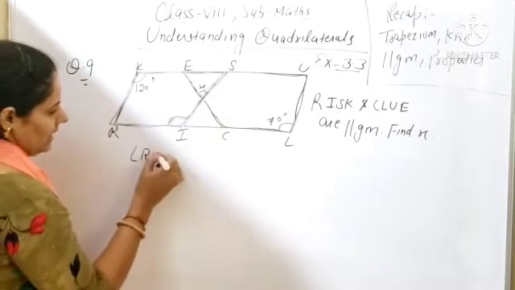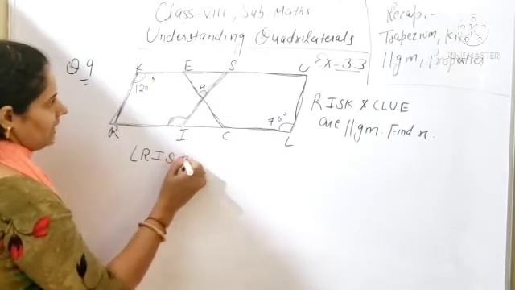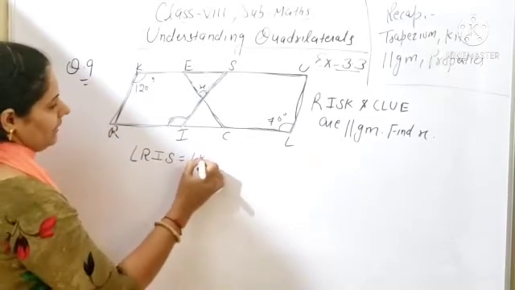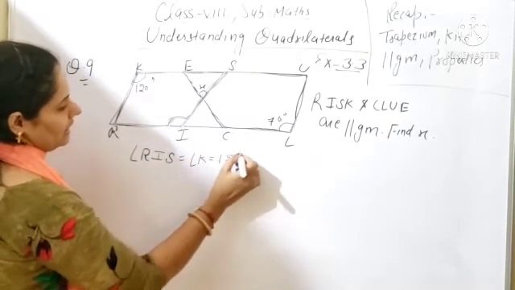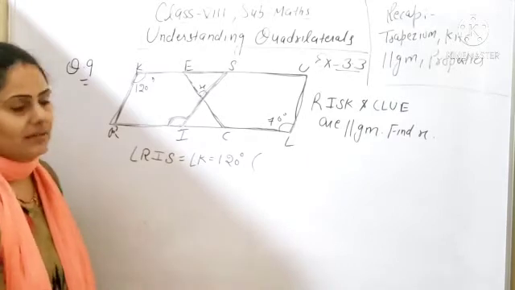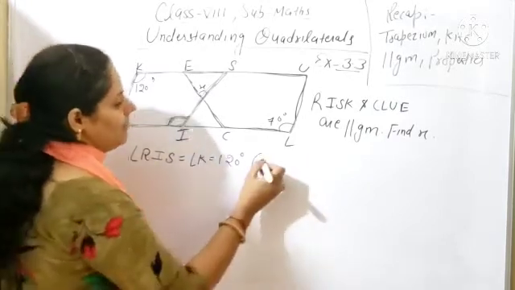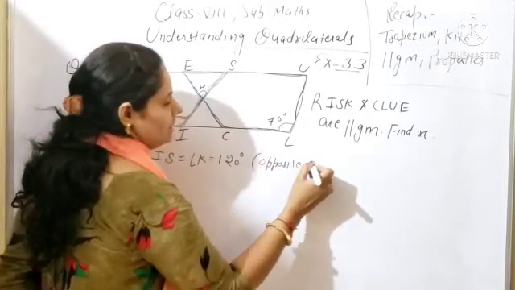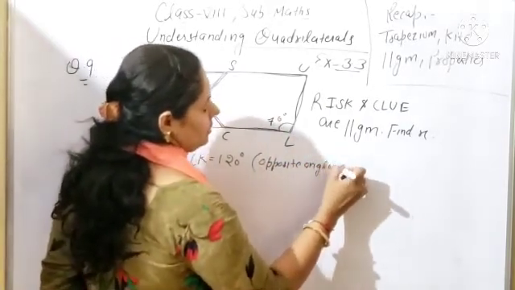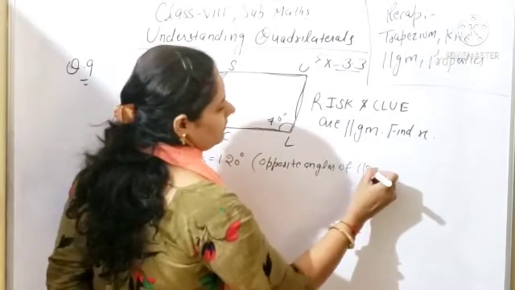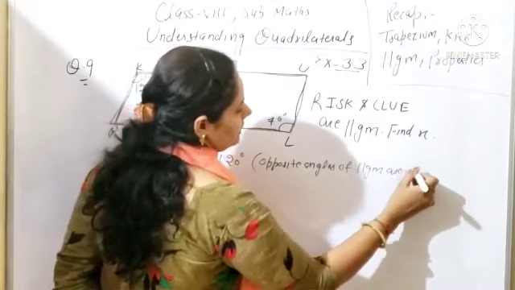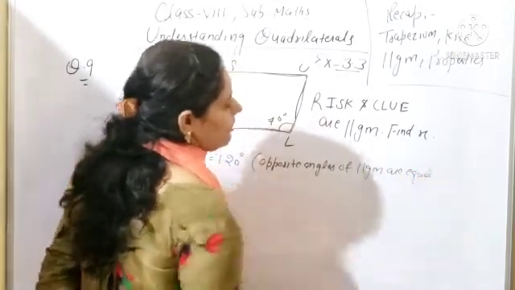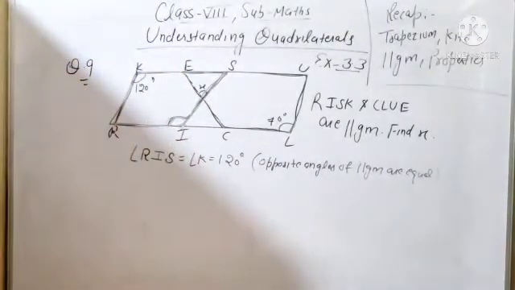So angle RIS will be equal to angle K, and this is equal to 120 degrees. You will state the property also. Which property? Opposite angles of a parallelogram are equal. Clear?